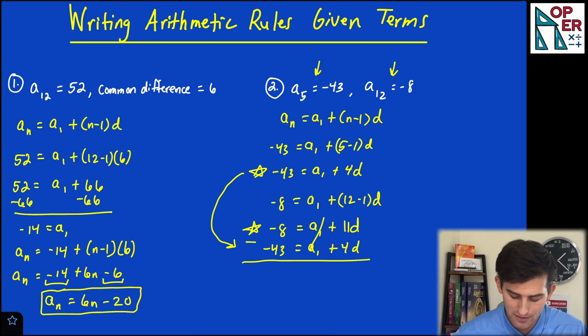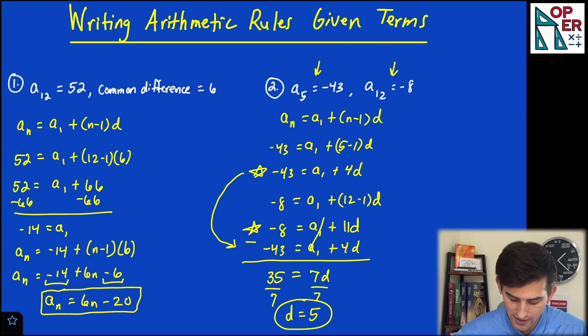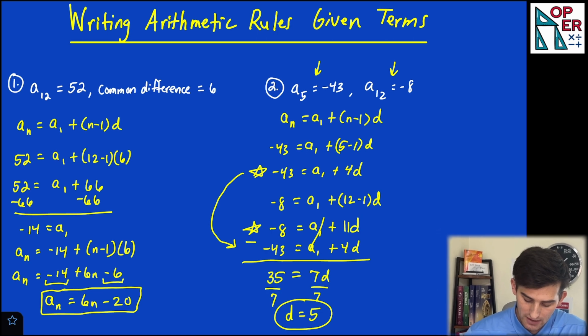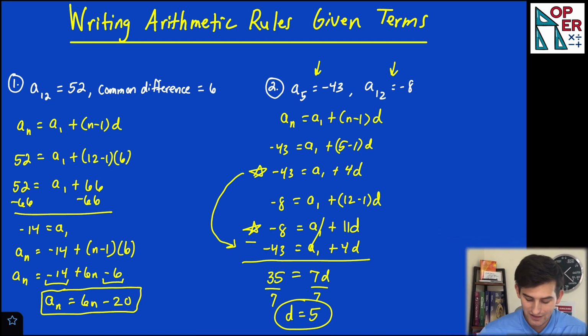Negative 8 minus negative 43 is negative 8 plus 43, which gives 35. Then 11d minus 4d is 7d. When we divide by 7, we get our common difference of 5. That's important.